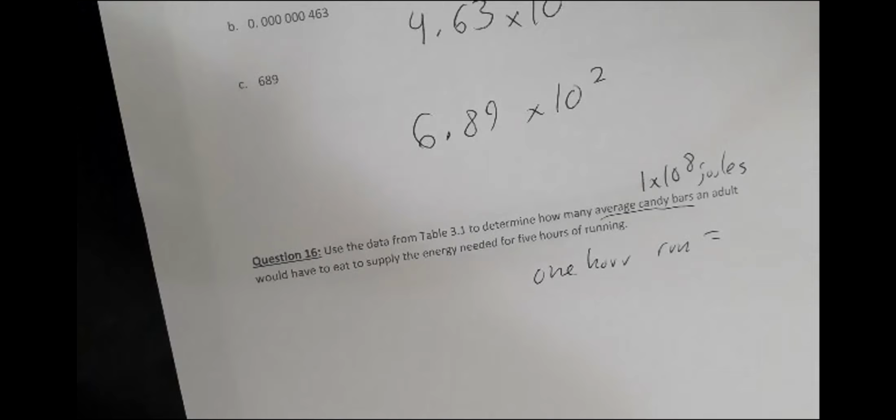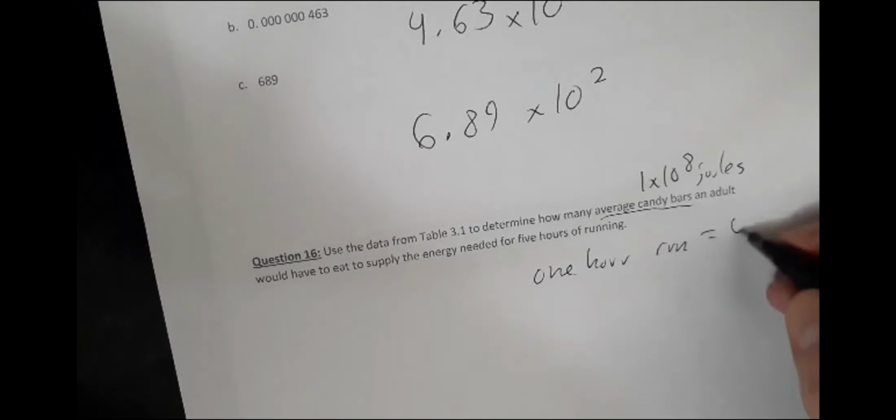Energy released by metabolism of 1 candy bar is 1 times 10 to the 8 joules. And then 1 hour of running, it gives us, where is it? 4 times 10 to the 6 joules.